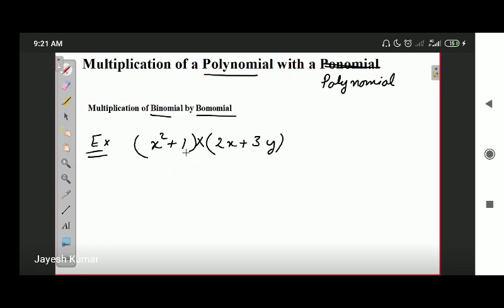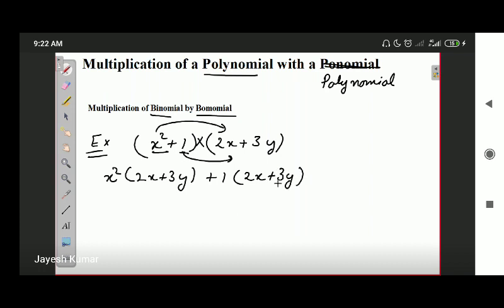First of all, with x square, I will multiply this whole bracket, and then with 1, I will multiply this whole bracket again, plus 1. Why plus 1? Because the sign in front of 1 is positive.